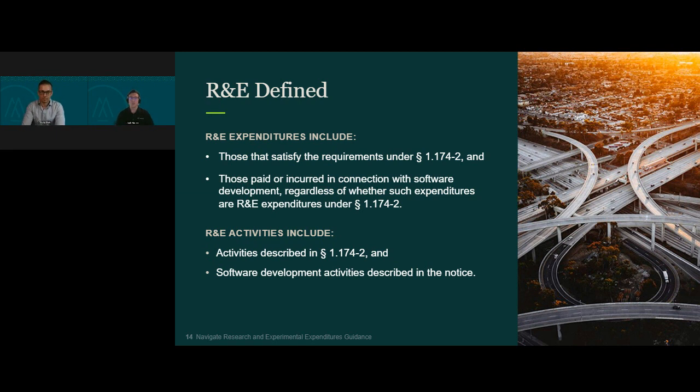So that's part 1. The second part is all software development, regardless of whether those costs meet the requirements within 1.174-2. So there's 2 key components there. We have the original 174 element of R&E, and also now all software development, regardless of whether it meets those requirements in the regulations.